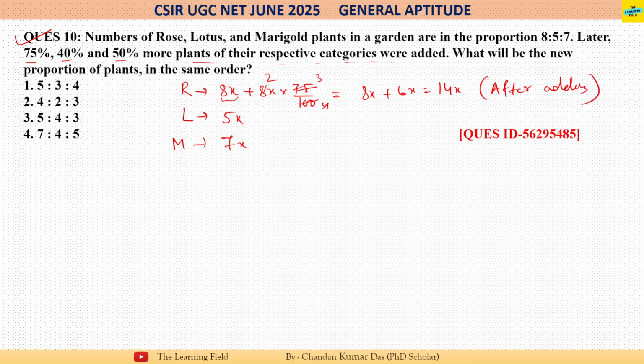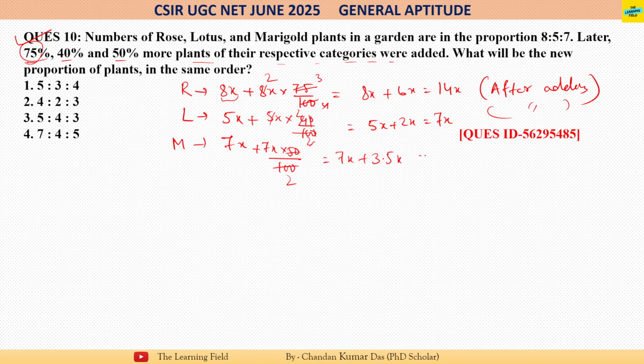After adding 75% of the respective amount, this means 5x plus 5x into 40 by 100. So this is equal to 5x plus 2x, which is equal to 7x after adding, and this is equal to 7x plus 7x into 50 upon 100, this is 3.5x. So 7x plus 3.5x is equal to 10.5x.